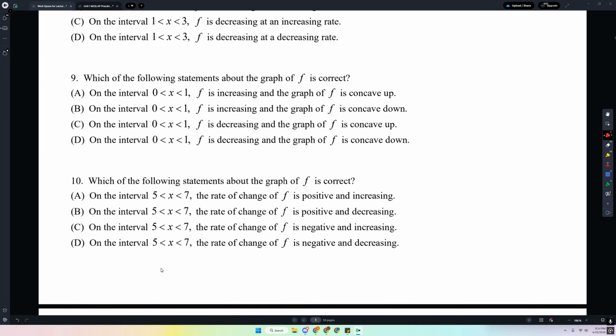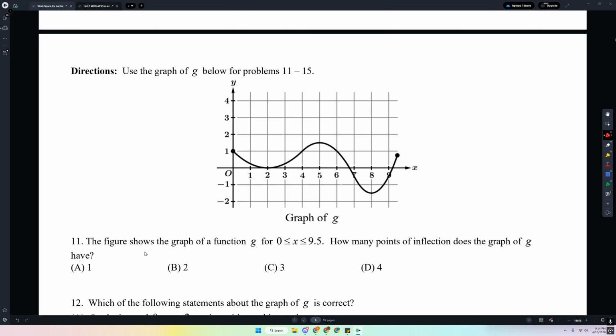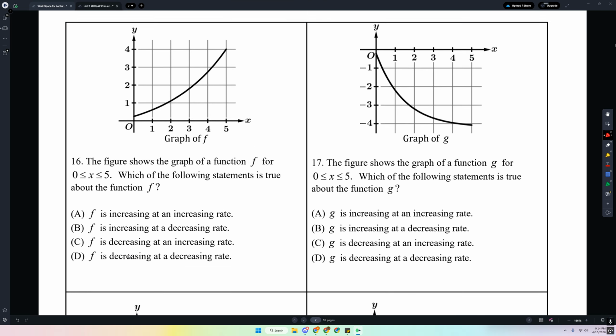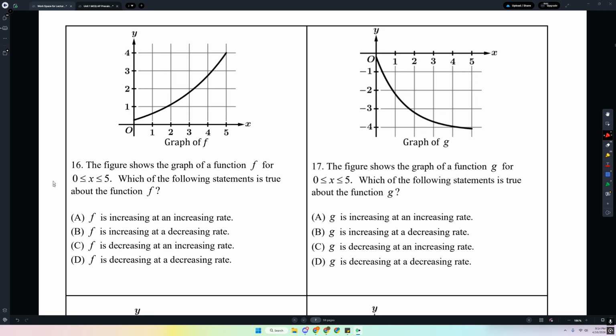Okay, I can't show the graph in the same one at the same time, so we're gonna go to the next question. We'll go to a new topic. We will do 16 and 17.